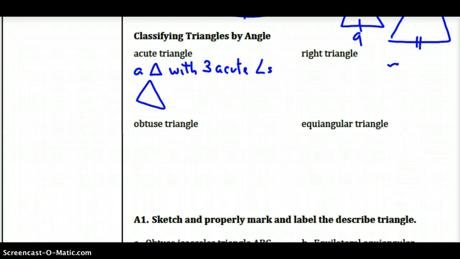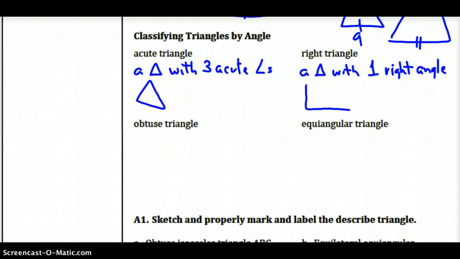A right triangle is a triangle with one right angle. Okay? It can look like this, or it could look like this with 90 degrees.